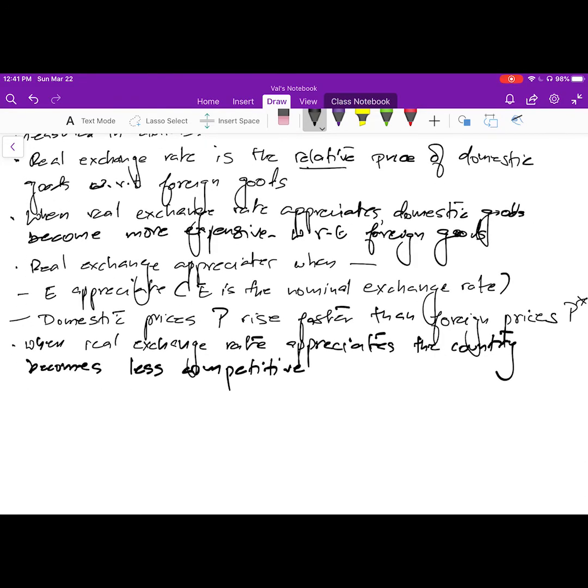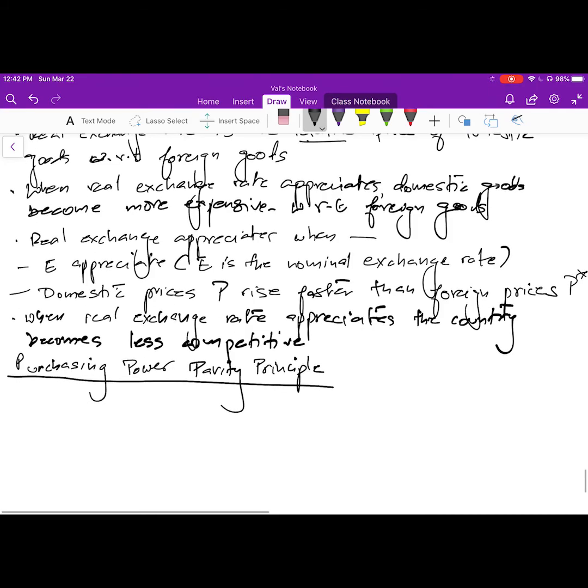Now let's talk about the purchasing power parity principle, where we'll actually make an application of the concept of real exchange rate. What is the purchasing power parity principle?